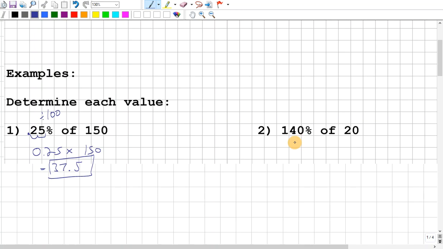Next one, 140%. Remember, we have greater than 100%, so my decimal place is at the end. I'm going to move it 2 places, which means I have a 1 in front of my 0.4 or 0.40. Remember last lesson, we can put the 0 there, or we don't have to. So 1.4, "of" means multiply, 20.